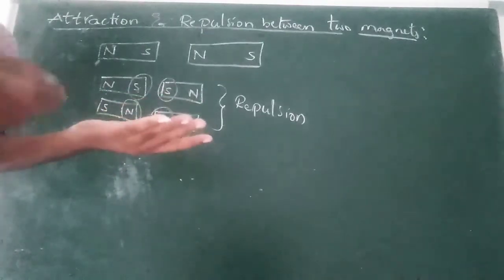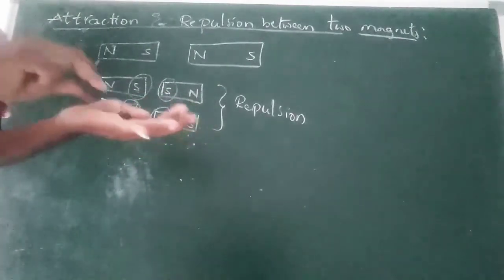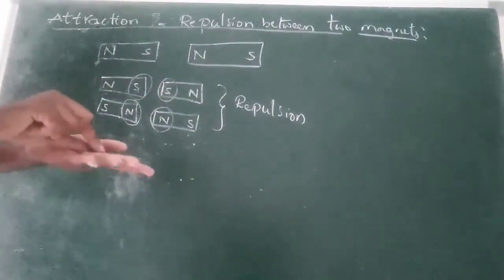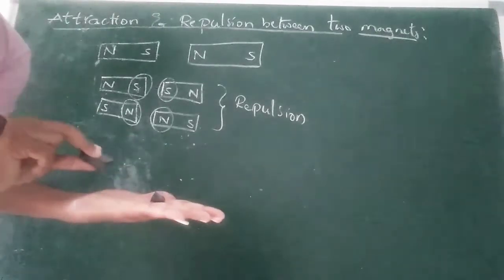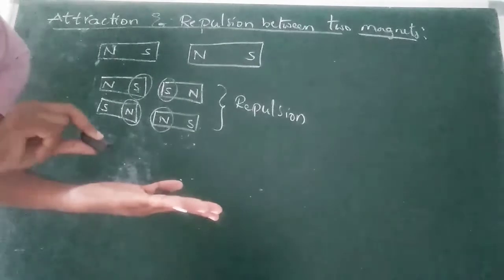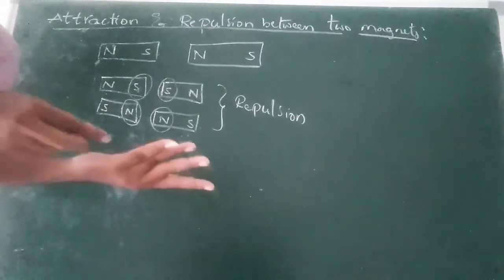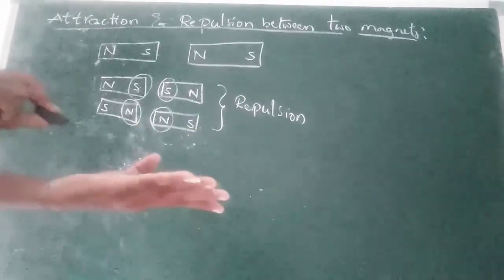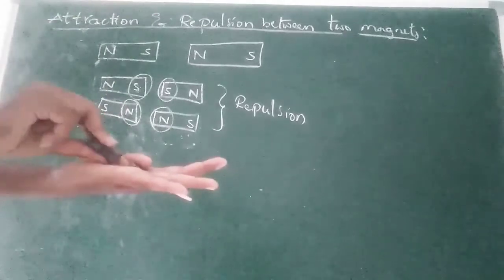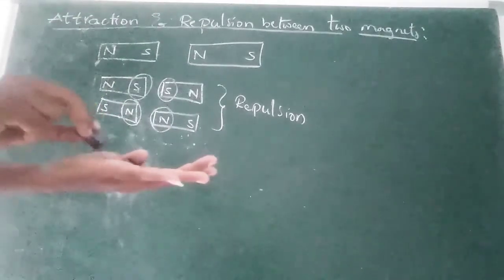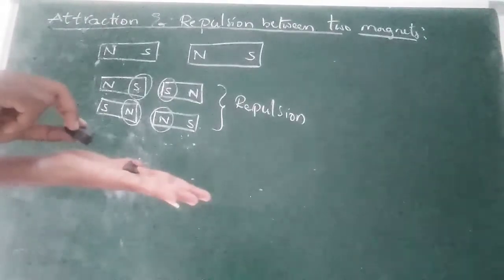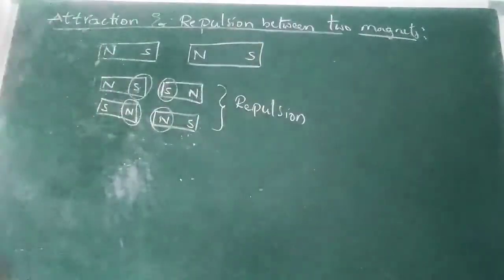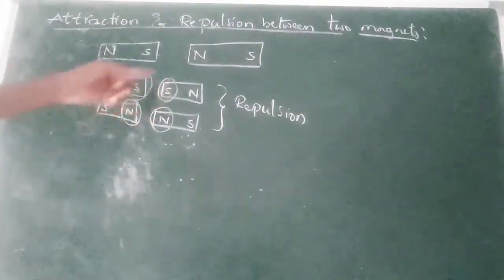Here it is attracting, but in the first case it moves away from this magnet. So observe this again. Yes, it moves. It is not attracting. You can check again. It fell down. That is due to the similar poles.